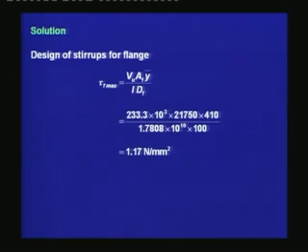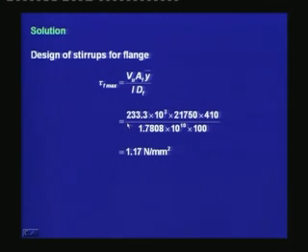The expression for the maximum stress in the flange is tau F max is equal to Vu times A1 times y bar divided by I times the breadth of the flange, which is dF.